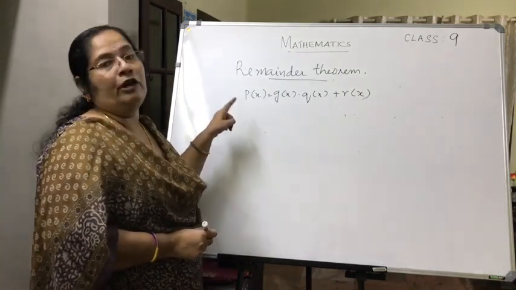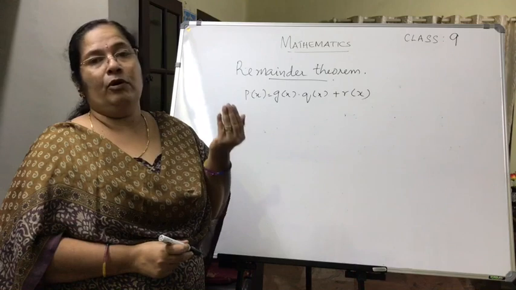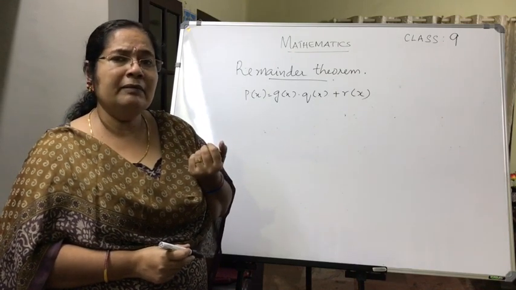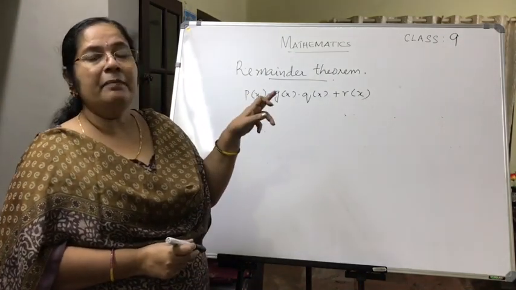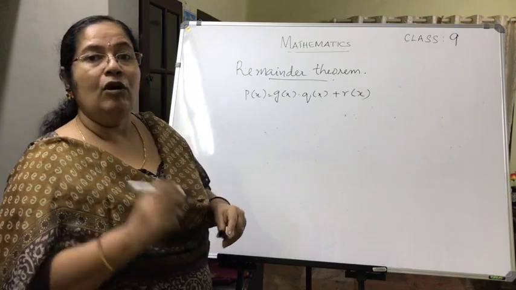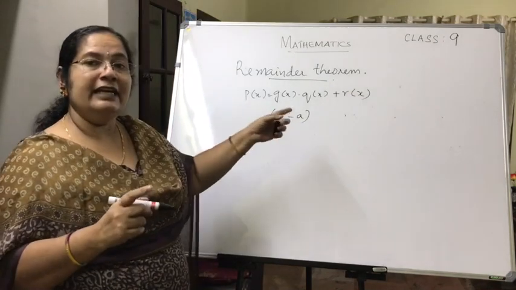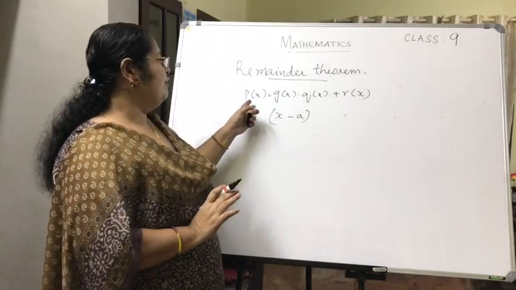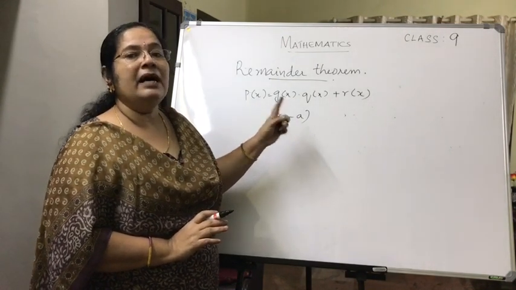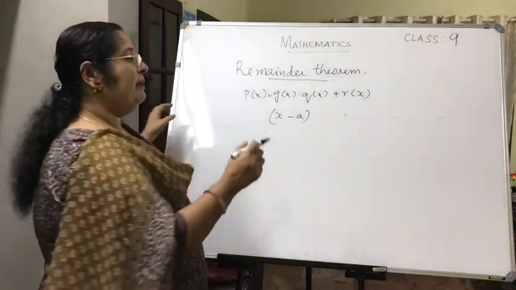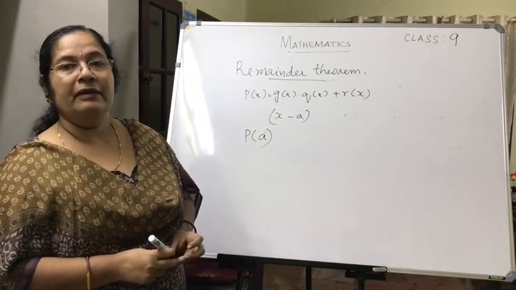Now if this polynomial P of x is divided by a linear polynomial, which means a polynomial of degree 1, of the form x minus a, where a is any real number, then the remainder is P of a. Is the statement clear? One more time I may say.